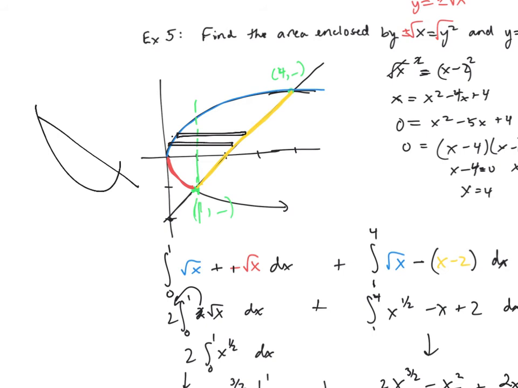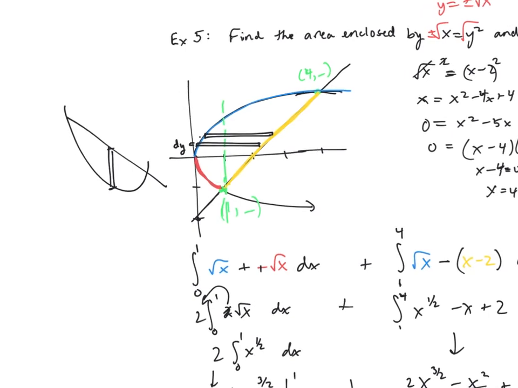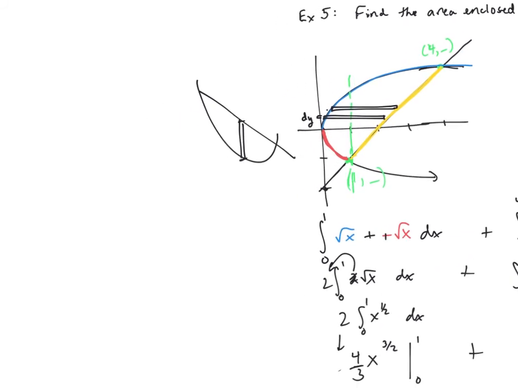Instead of taking our rectangles sliced along our x-axis, we're taking rectangles sliced along our y-axis. So we're doing the equivalent of this, but obviously still facing the other direction. So we're going to be slicing and taking a small little bit. Our width of our rectangles is now a very, very small slice of our y-axis, and therefore we call it dy.